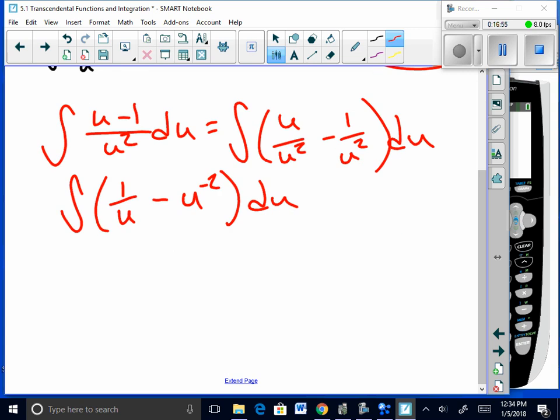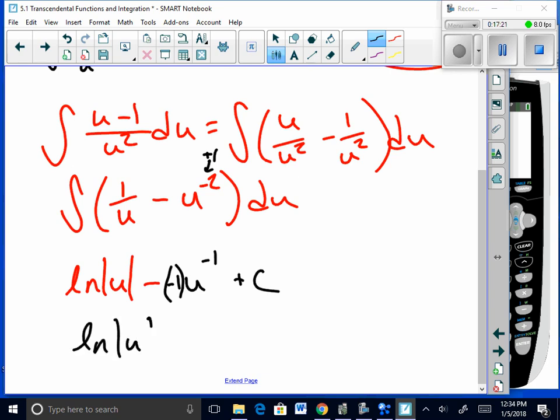So the antiderivative of 1 over u, that's the u prime over u format, so natural log absolute value of u, minus, now on this next one, I will add a power. So I'll get u to the negative 1 times by the reciprocal. So I times by negative 1, because the reciprocal of 1 over negative 1 is still negative 1. And then plus a c.